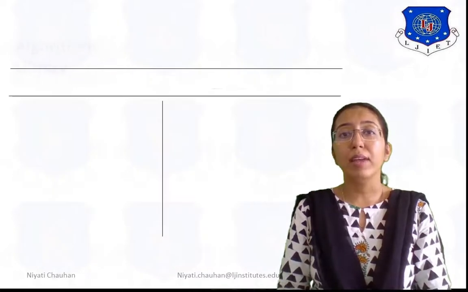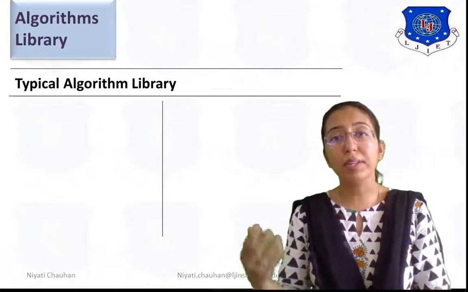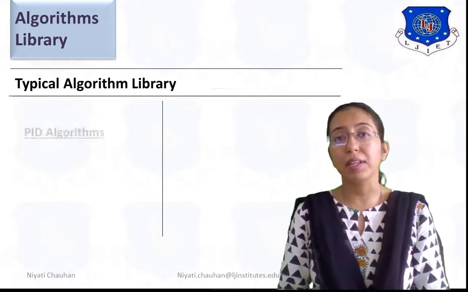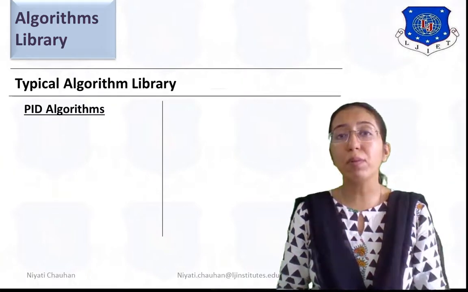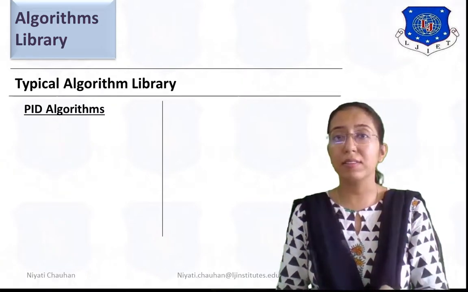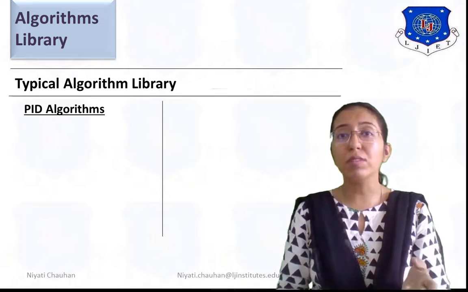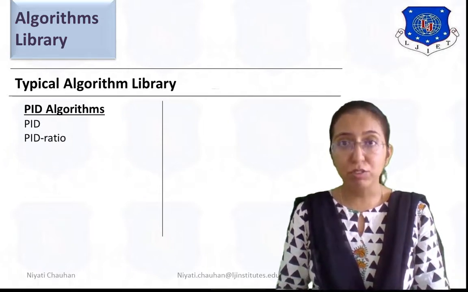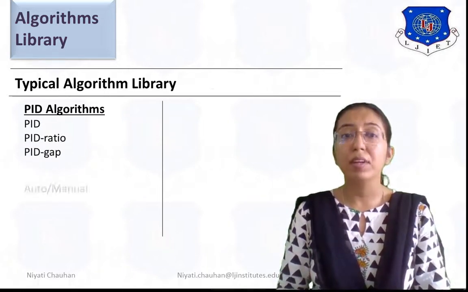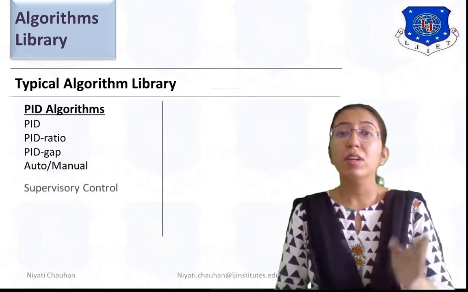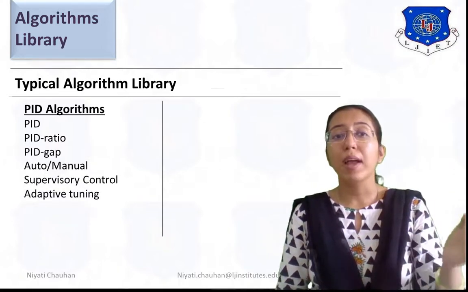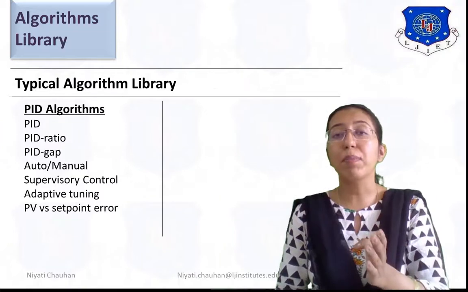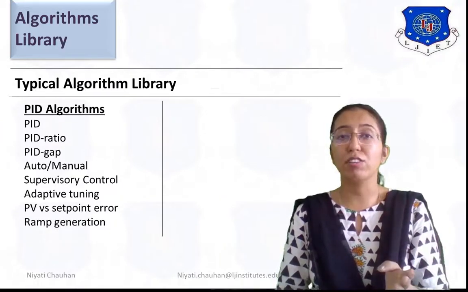Next, in the algorithm library, we are discussing the typical algorithm library, and here the different types of algorithm libraries. First, PID algorithms: PID ratio, PID gap, auto and manual, supervisory control, adaptive tuning, process value versus set point error, and ramp generation.